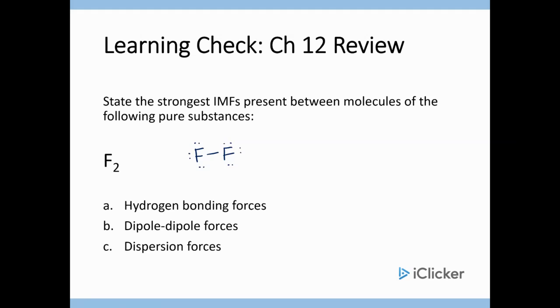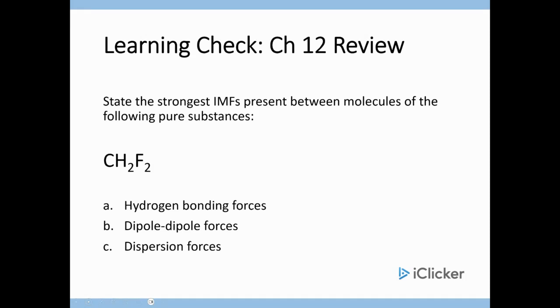For dipole-dipole forces to be present, that molecule must have a polar bond. If we have 2 fluorines bonded to each other, that's the only bond. They have equal electronegativities. That is not a polar bond. So there's no dipole-dipole forces, so this one is dispersion, which are forces between nonpolar molecules.